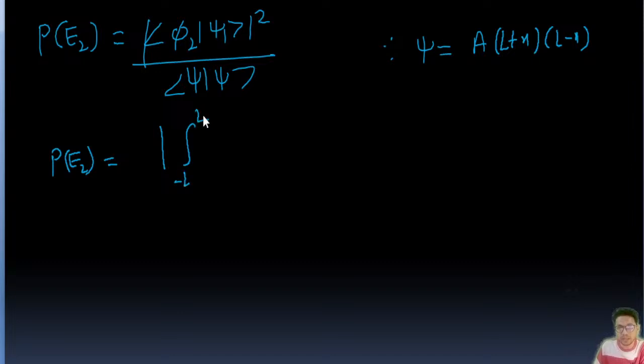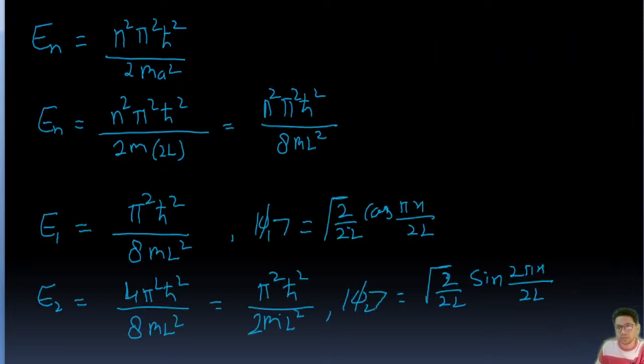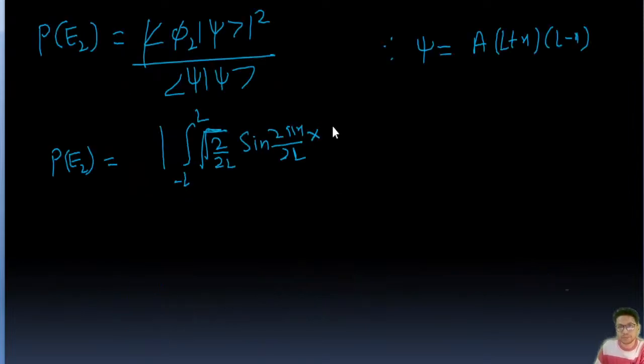Then this is φ2 and ψ, it is just φ2. φ2 is going to be root 2 upon 2L, sine 2πx upon 2L, this wave function, into a(L plus x)(L minus x).